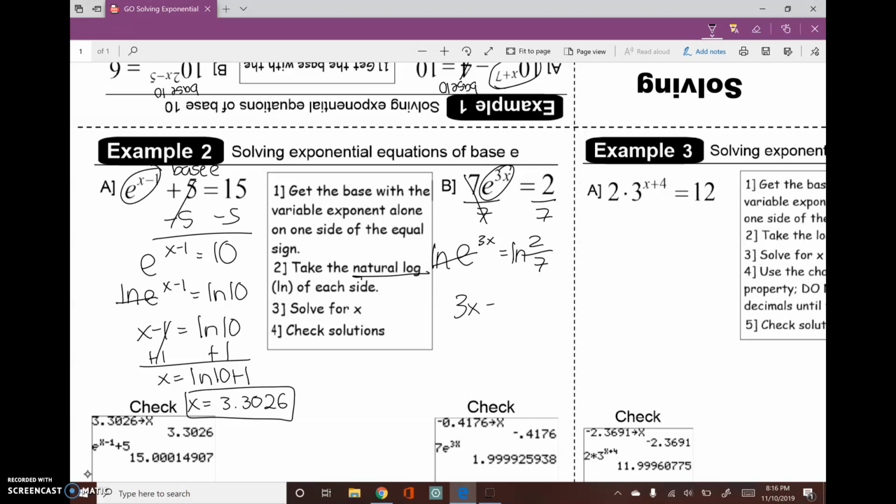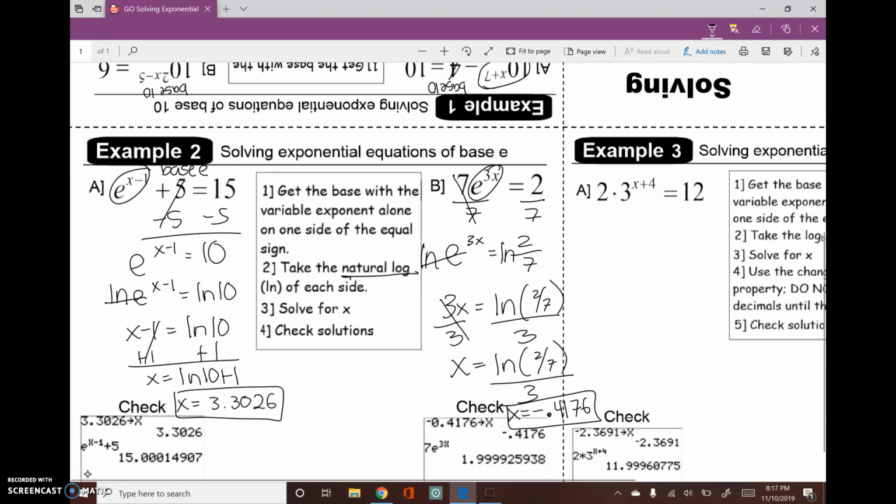So I have 3x equals natural log of 2 over 7, divided by 3. Oops, that's not my final answer. That will give me about negative 0.4176. That's my final answer. You would just plug all that into your calculator.